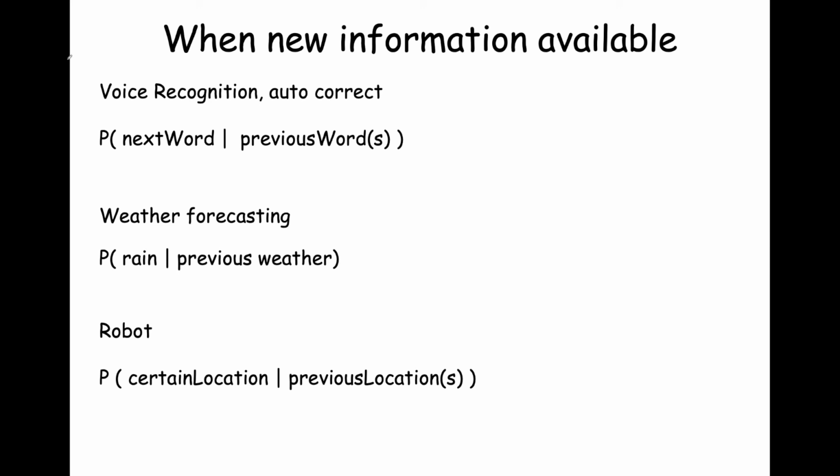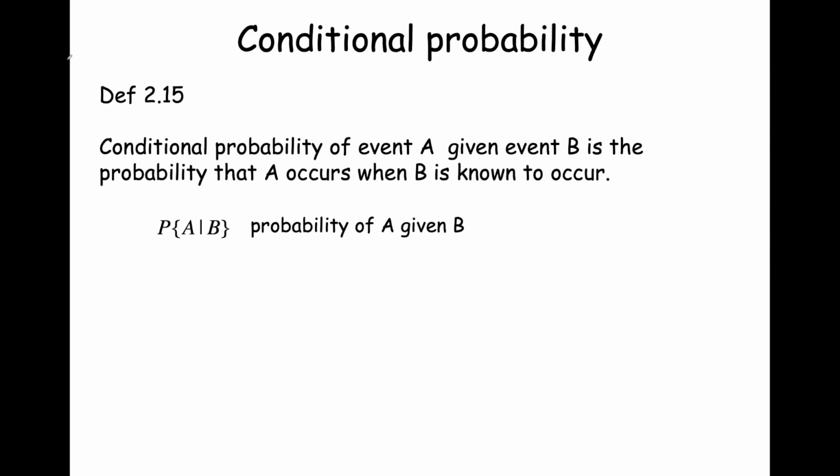take. All right. So from the book, definition 2.15, conditional probability of event A given event B is the probability that A occurs when event B is known to have occurred or known to occur. So B is a certainty.